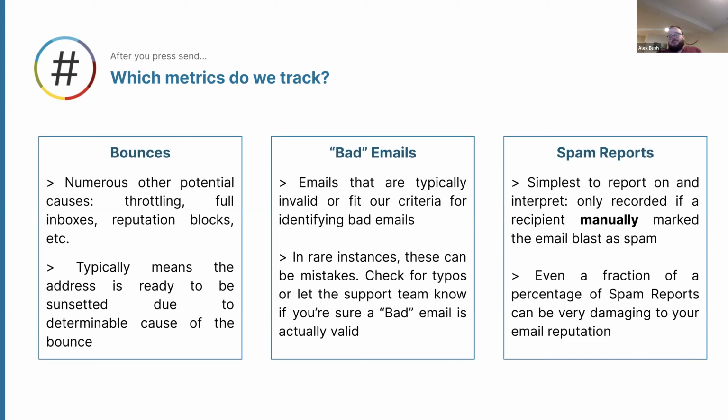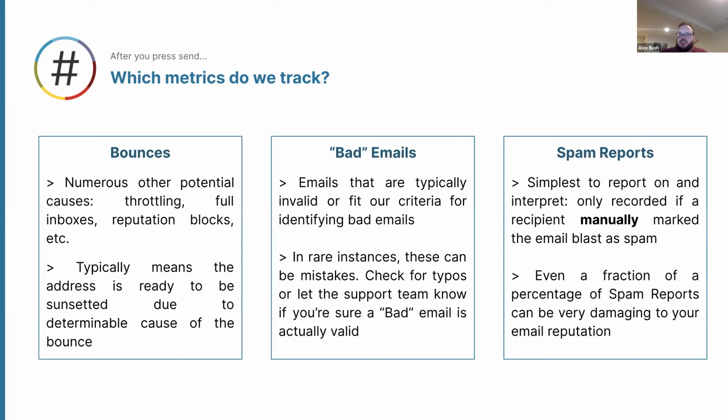I do want to make a reference that it can be a bad email by mistake. Bad emails are marked with certain criteria, and it's internal criteria, and it's possible that an email can be marked bad incorrectly. If you know someone personally, you've sent to this person's email address before, and you're like, I know this email exists, I know this is a valid email address, just let us know, because we can take a look at it and possibly manually remove it from our list and get that back into circulation for you.